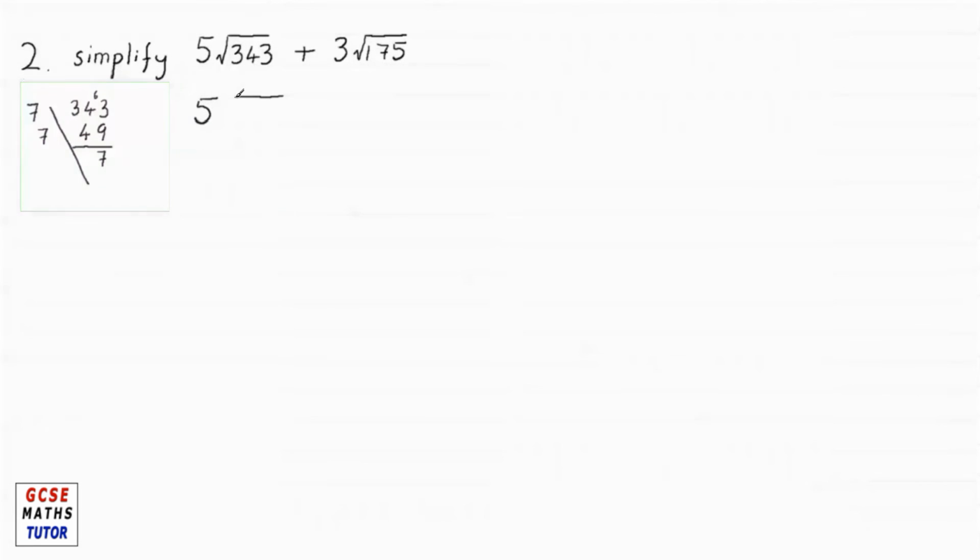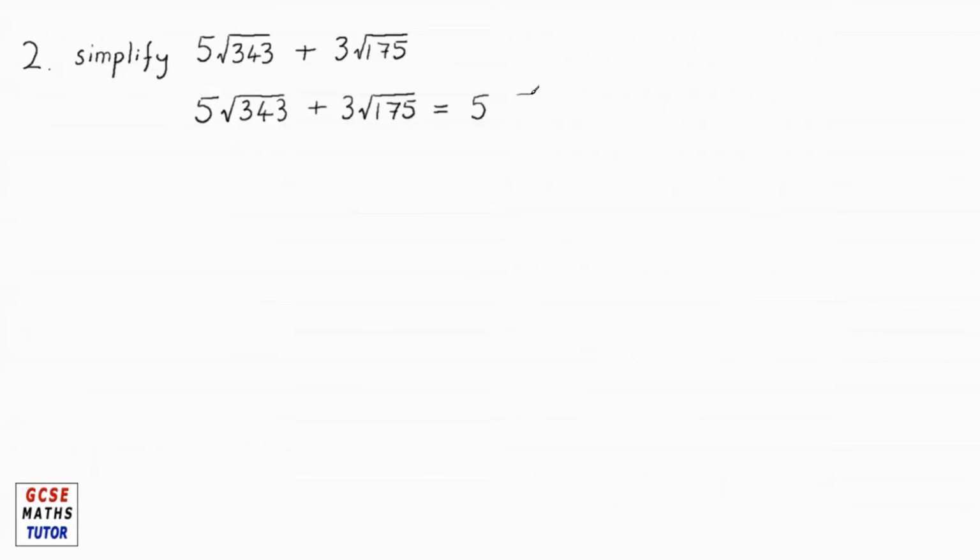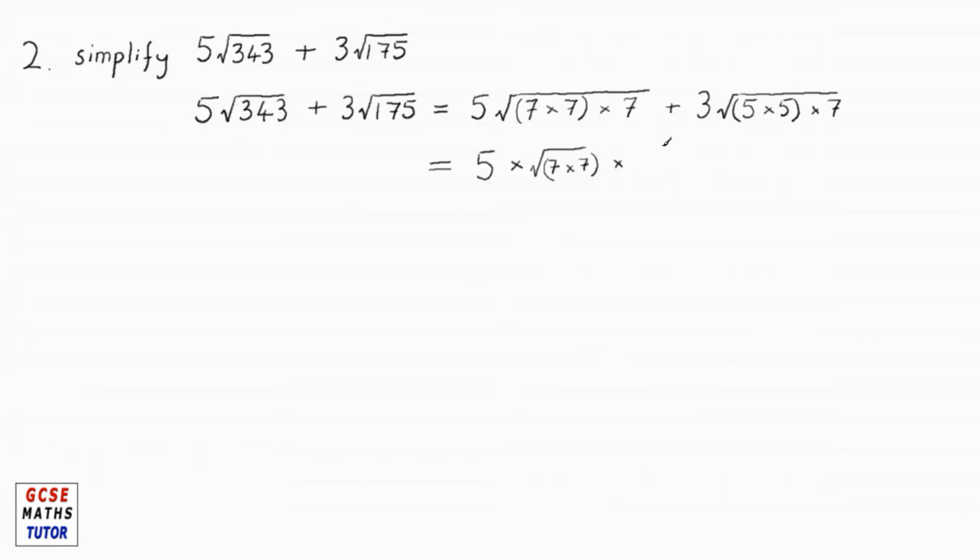So we have 5 times the square root of 343 plus 3 times the square root of 175 equals 5 times the square root of 7 times 7 in brackets times 7 plus 3 times the square root of 5 times 5 in brackets times 7, which equals 5 times the square root of 7 times 7 times the square root of 7 plus 3 times the square root of 5 times 5 times the square root of 7.